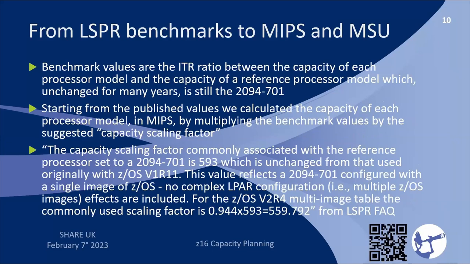Okay, benchmarks are the ITR ratio between the capacity of the new model and the capacity of a reference processor, which is the same for years and years. So there is the possibility to understand on every machine how many MIPS you can provide.